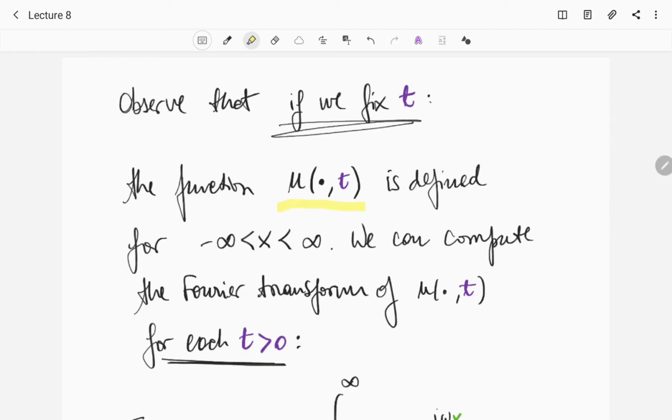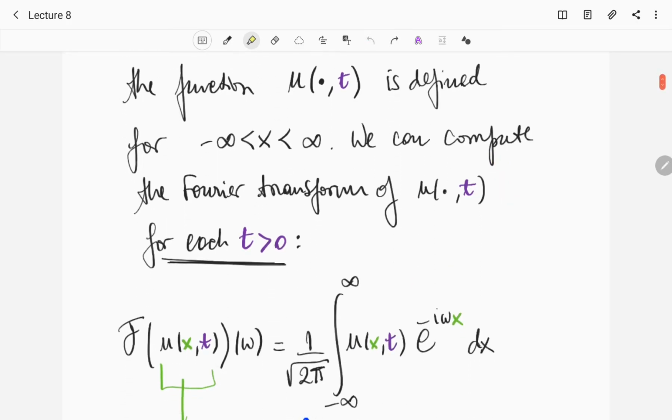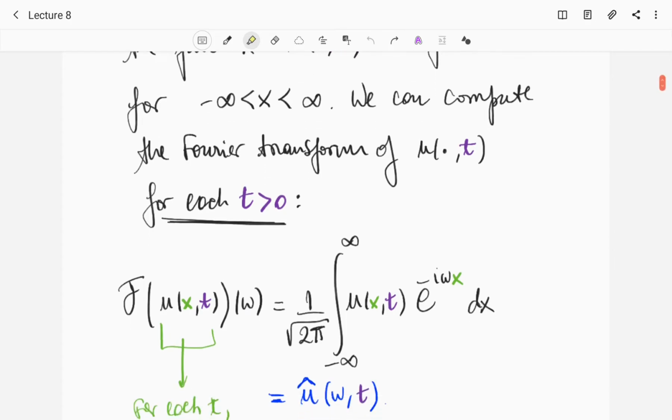So this new function is defined on the whole real line. So we can compute the Fourier transform of this function, and we can compute this Fourier transform for every t, because in principle we fix one, but then at the end of the computation we remember that this fixed t is any arbitrary positive t.